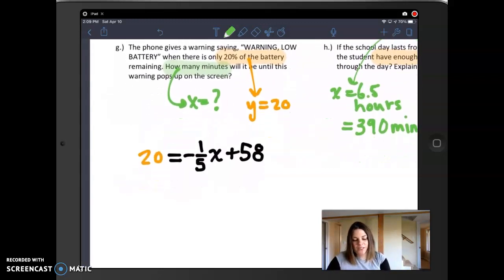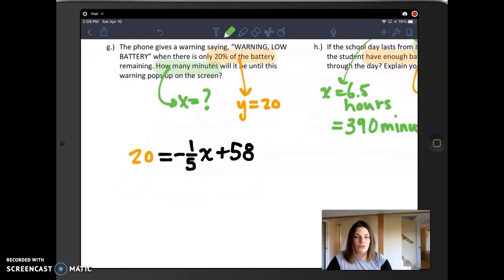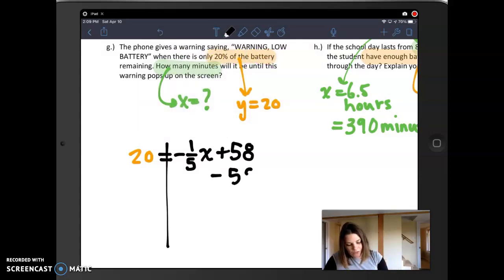So the idea when you get to these questions is you need to pick out the information and decide if the question is giving you a y value or an x value. Here, it says it's 20% battery. That's a y value, and it's saying how many minutes. So it's asking you to solve for x. So again, it's just a two-step equation. We're going to do -58, always adding from top to bottom.